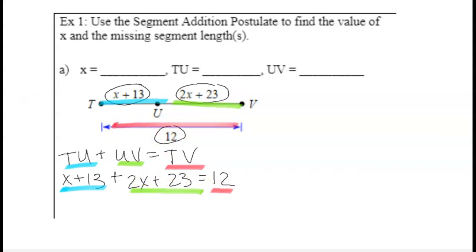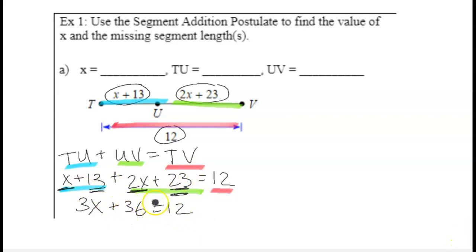Alright, then I'm just going to be going back to solving equations as we have reviewed earlier in this class. I want to work with my like terms of x and 2x, making 3x, and I want to work with my like term constants. 13 plus 23 is 36.